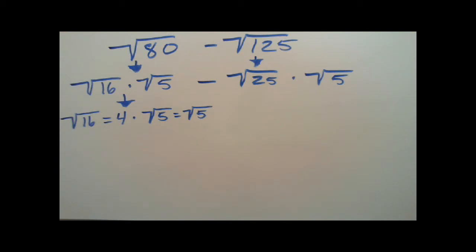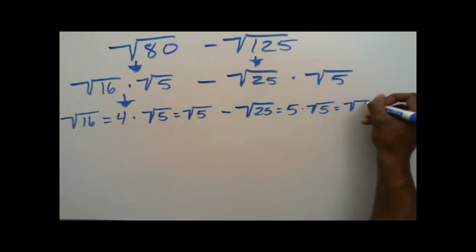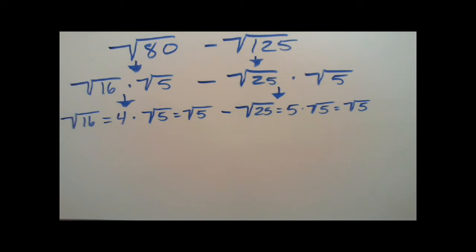The square root of 16 will simplify to 4, and the square root of 5 cannot be simplified further. Now let's simplify the second expression, the square root of 25 times the square root of 5. The square root of 25 equals 5, and the square root of 5 cannot be simplified further. So we'll leave that expression as it is.